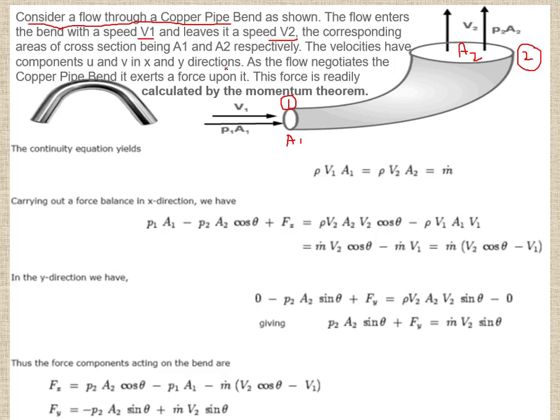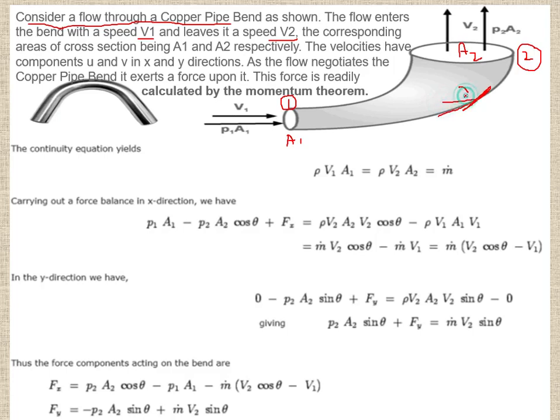So as the flow negotiates the copper pipe bend, whenever the flow enters and approaches the bend, it exerts a force upon it.